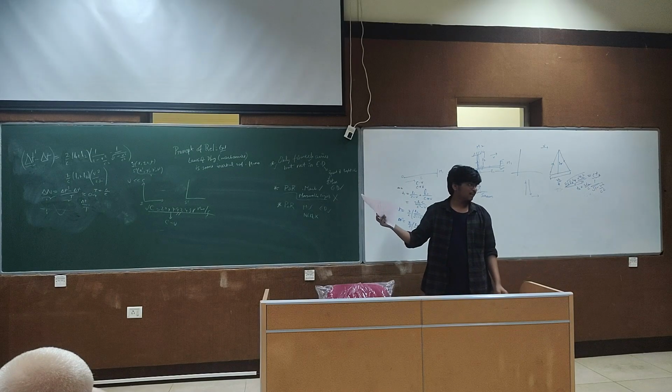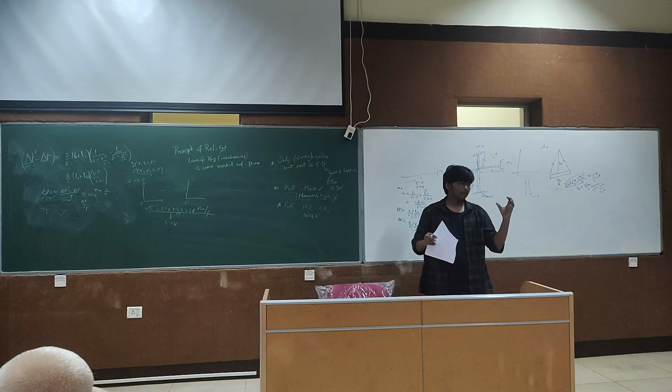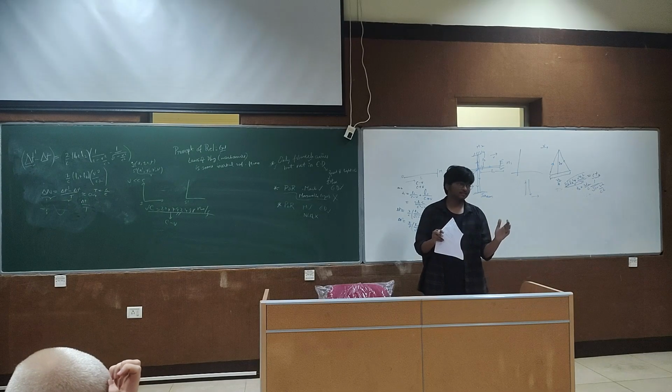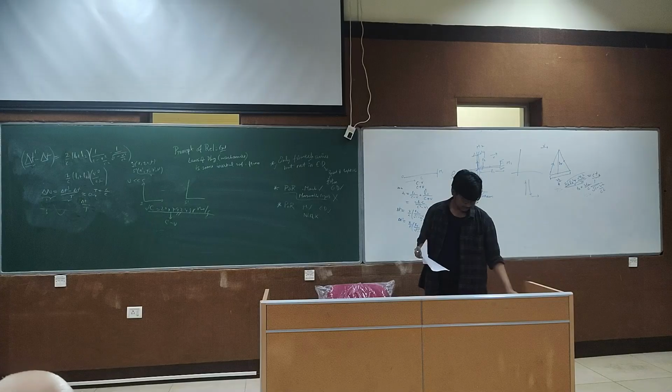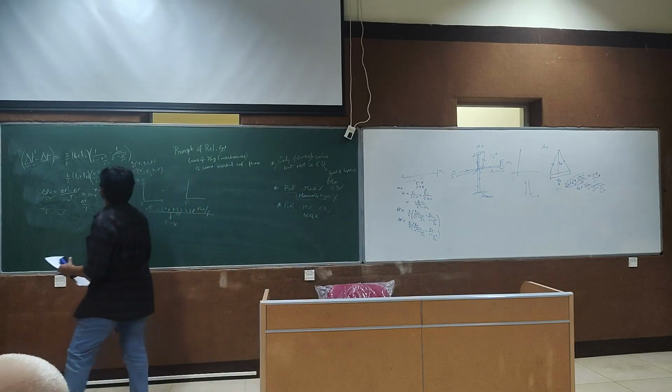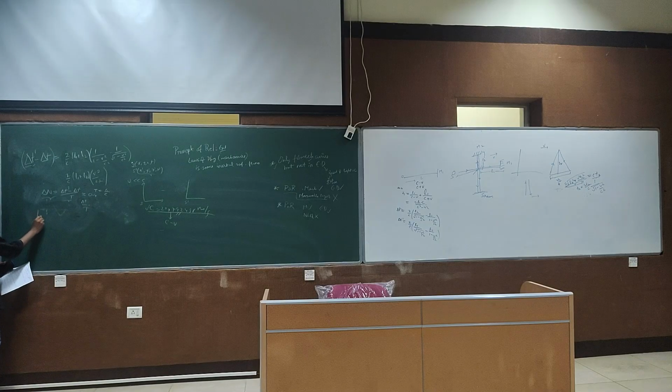One way Lorentz tried to explain this is by saying that objects moving with respect to the ether shrink in size. Lorentz contraction came before Einstein. So Lorentz said L1 actually goes to L1 times root over 1 minus beta square, where beta is v by c.